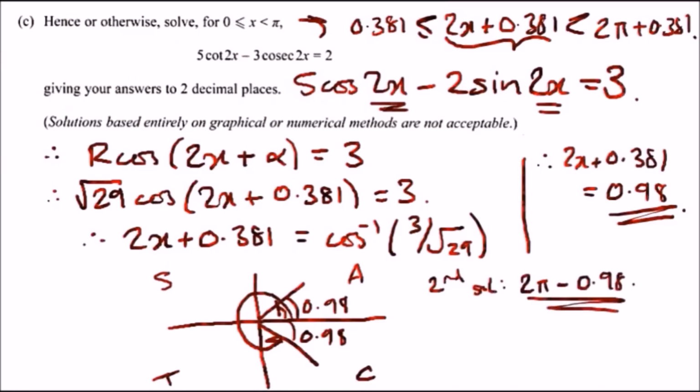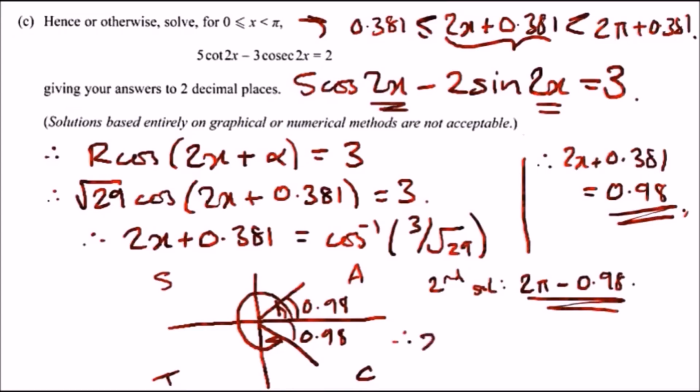Now, to find the value of x, all we have to do is solve this equation. So this tells you that the two solutions are 0.98 and 2 pi minus 0.98, which equal this expression here. So all we have to do now is subtract 0.381 from both of these and divide by 2.